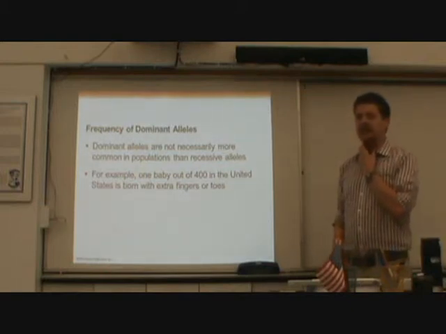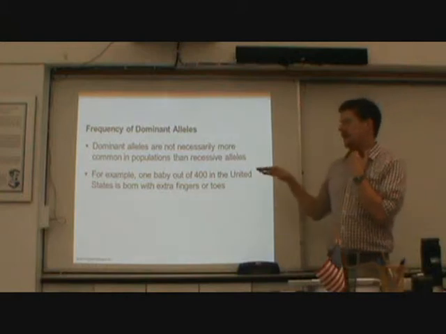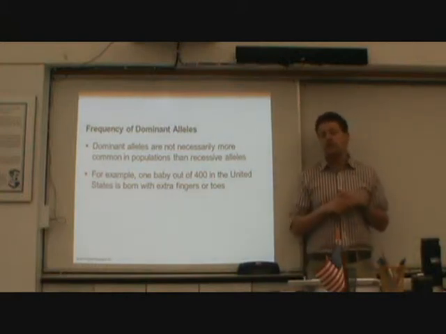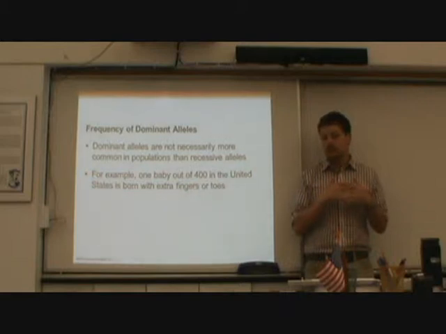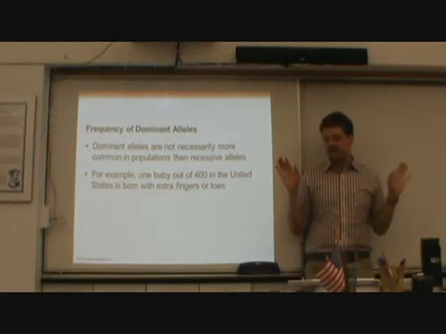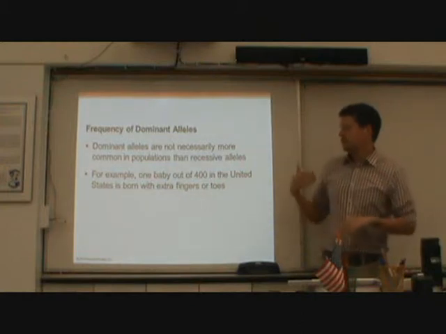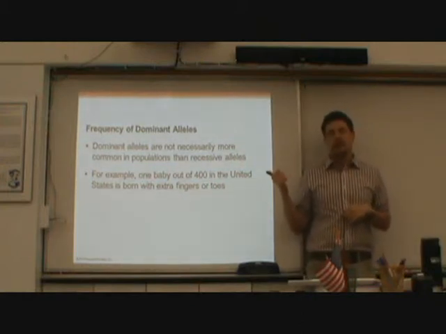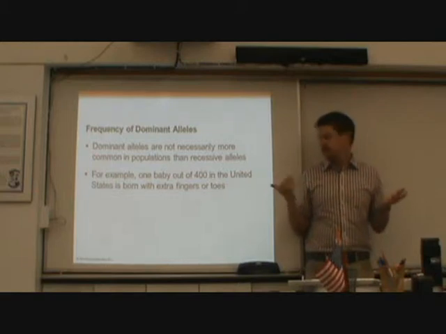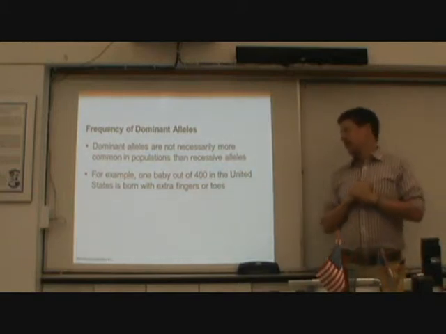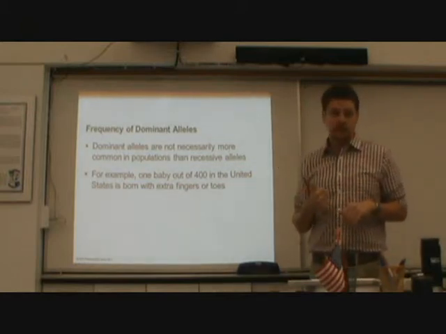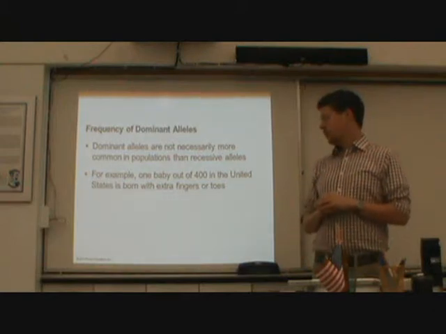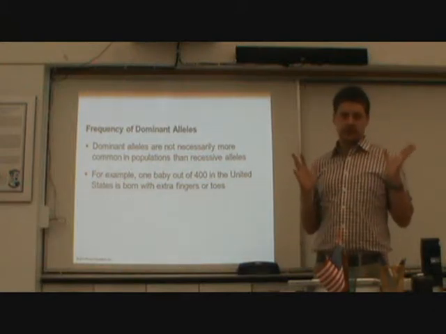Another thing that can be kind of confusing is that dominant alleles are not always more frequent than recessive alleles. The words dominant and recessive simply refer to the relationship between those two alleles, and they say nothing about the frequency of those alleles. For example, 1 out of 400 babies born in the United States is born with extra digits, extra fingers or toes.